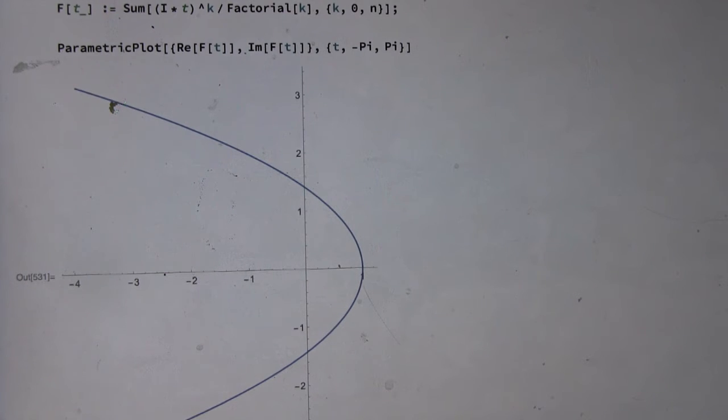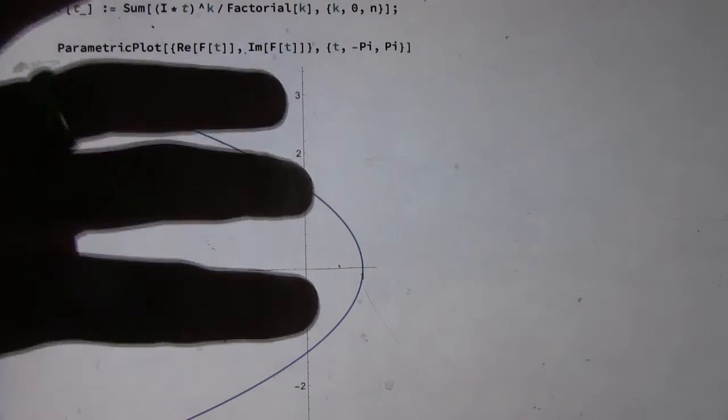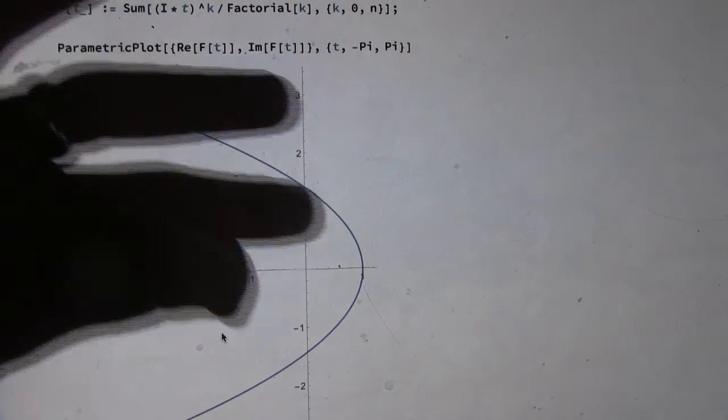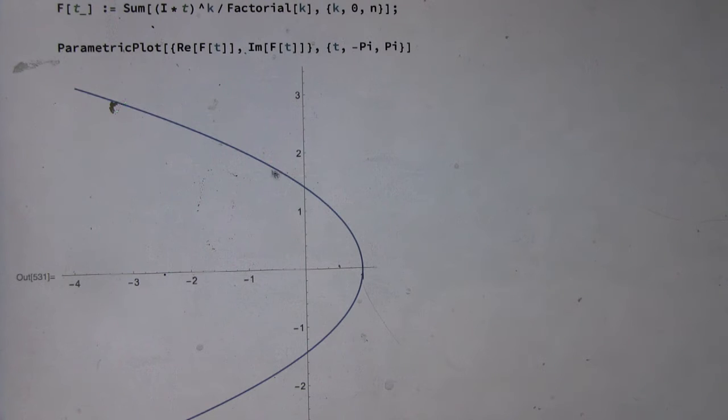Now it actually looks like kind of twice what we saw before. We have this part, and we have the reflection kind of. It's sort of a sideways parabola, but what it's actually going to turn into is something more circular. So this should loop down and this should loop up.